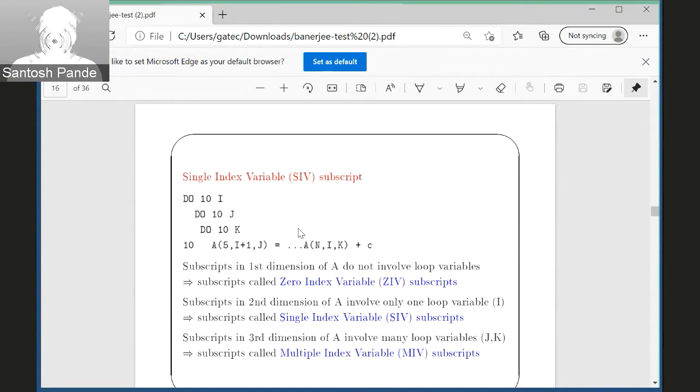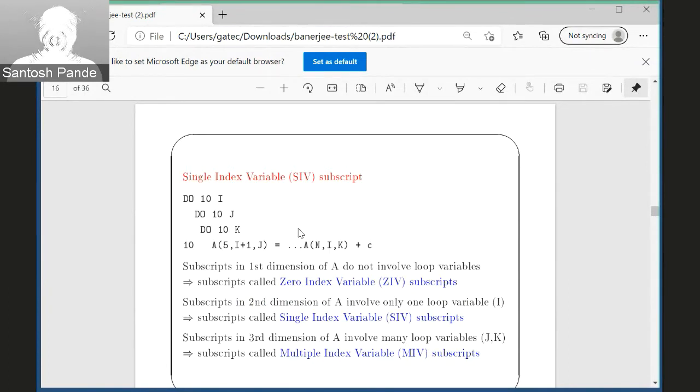So what are these different things? It was all driven by empirical observations of the nature of subscripts that we see in most applications we're interested in parallelizing. The applications of those times, and even now, were image processing, scientific codes, simulations, HPC codes. And so they had not only linear subscripts, that means array expressions, like here you see I plus 1 is a linear function of I, for example.